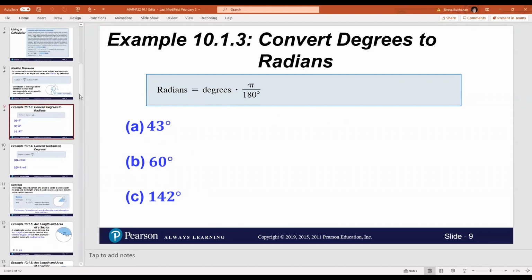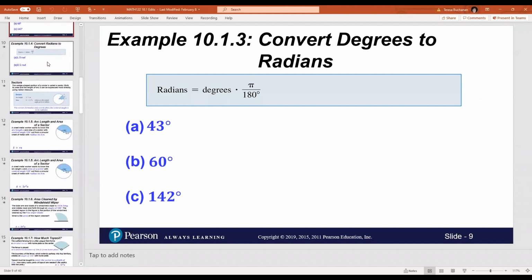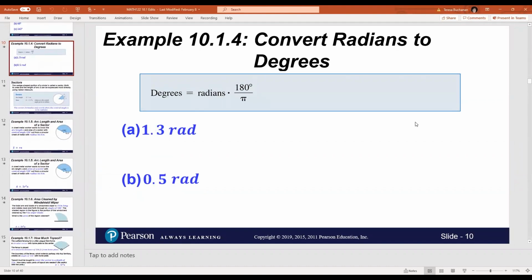As you might guess, we want to practice in the other direction as well. So how do we get out of radians and into degrees? 1.3 radians. If we just saw 1.3 sitting somewhere without any context, we wouldn't know it was radians. We wouldn't know what it was. So you do see that abbreviation mentioned here. But in this relationship, the pi value essentially is a radian value.